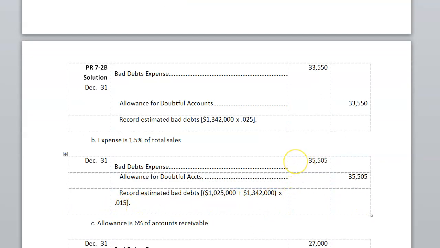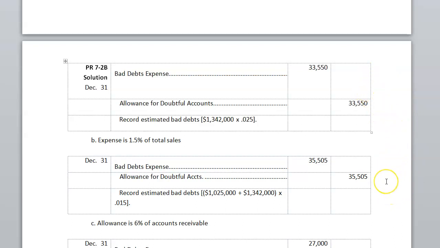The amount's going to be 35,505. Again, we're going to debit bad debt expense. We're going to credit the allowance for doubtful accounts. So no, we do not credit the accounts receivable. We keep the accounts receivable on the books. Whoever it is, they still owe us. We're just allowing that we expect some to be uncollected.